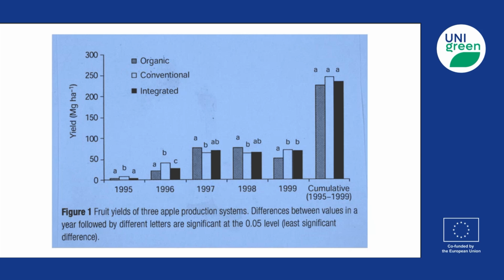Same, because many people argue that they are using conventional because it's more productive. But over time, we can reach the same yields that conventional has. But in some years, you can see that organic is much better. Probably because during the drought period, the organic system performs better than the conventional because they add a lot of organic matter, so they create the condition.